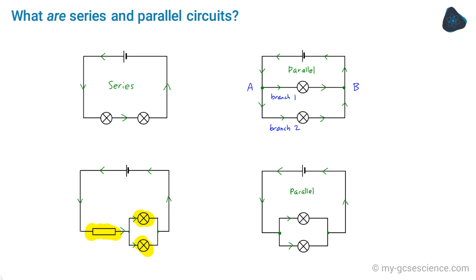Now this was actually a bit of a trick question, because this circuit has a series section and a parallel section here. A really fancy way of saying that, if you'd like to impress people, is to say that this circuit is composed of a resistor which is in series with two bulbs which are in parallel. Sounds pretty nice, doesn't it?